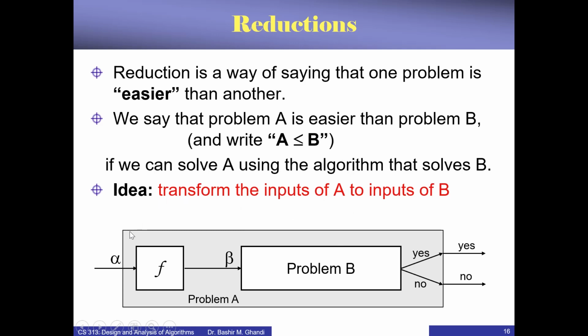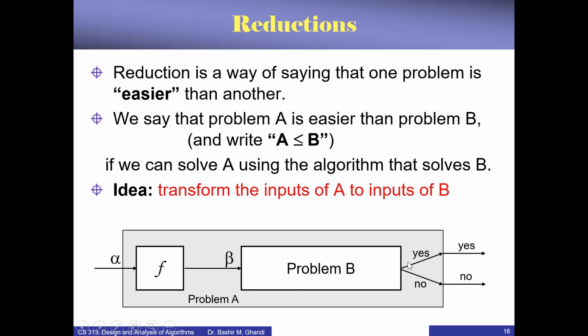They say a picture is worth more than 1,000 words, so maybe this will explain it better. Here this box is a black box that can solve problem B. Just give it an input like beta, and it will give you a yes or no answer.